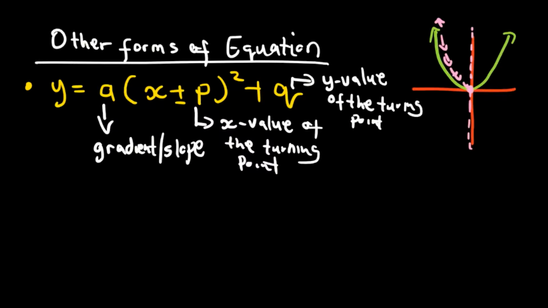So this is the turning point. So the curve will turn and then go up again, right? So this is the turning point of the function. So these values here, this one and this one, are the turning points of the function, right? So that is the first form of equation of a parabola.